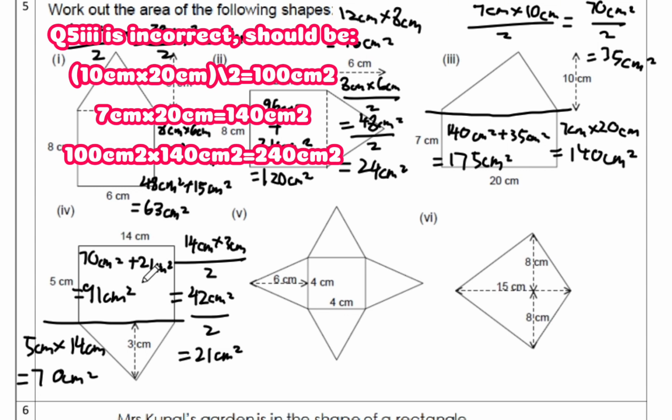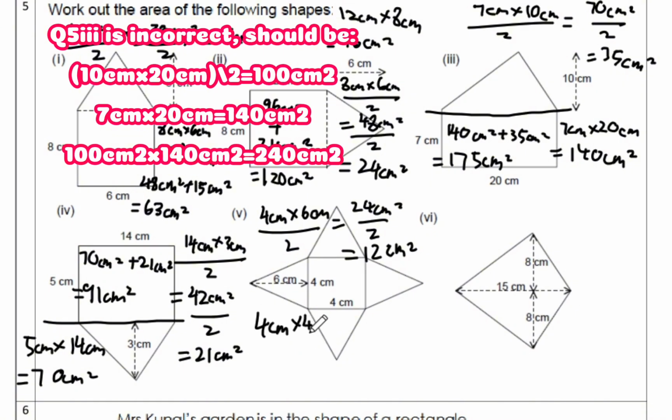So for the fifth shape, it has 4 triangles, so we can just take 4 cm times 6 cm over 2 equals 24 cm square over 2, which is 12 cm square, and 4 cm times 4 cm would equal 16 cm square.